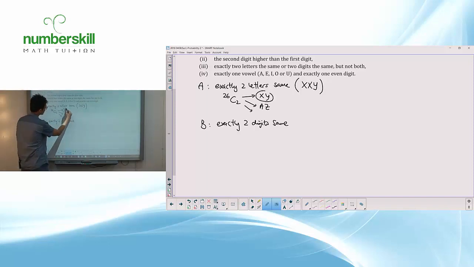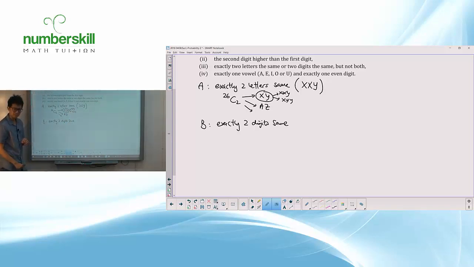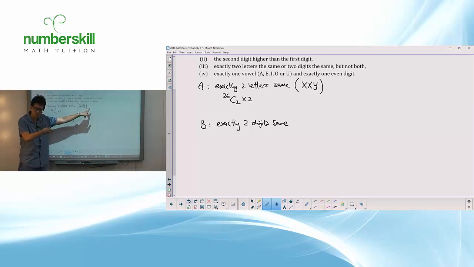But just this case alone, you realize it can be XXY, it can be XYY. Make sense? So 26C2, well, not going to do it. You need to times 2. The times 2 is not that you are going to permute the letters, but it's to see the XXY, XYY. Are we all clear?